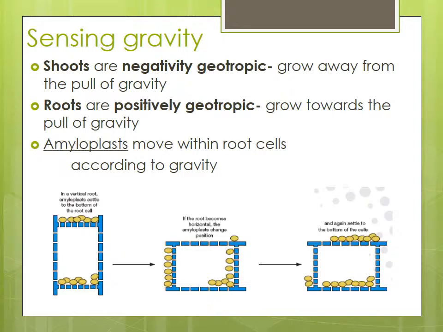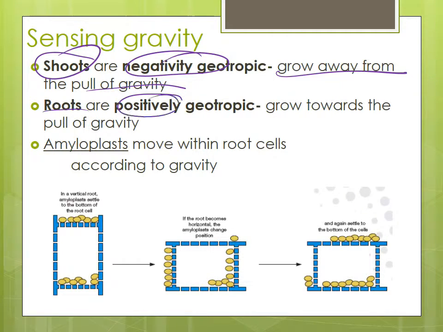Okay, we talked about geotropism before, which is the response to gravity, and we also talked about shoots growing away from gravity, and that's the negative, and we also talked about roots being positive as they grow towards gravity. So amyloplasts within the root cells move according to gravity. Gravity is pushing down on all three of these pictures from the top.